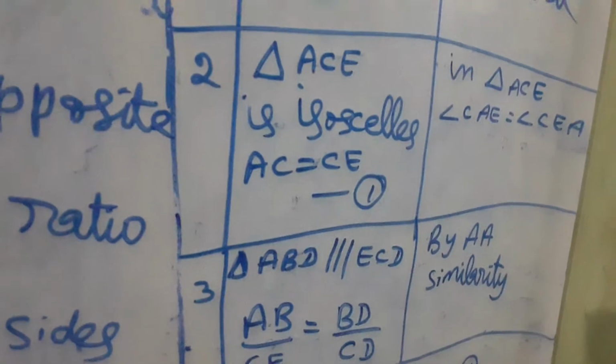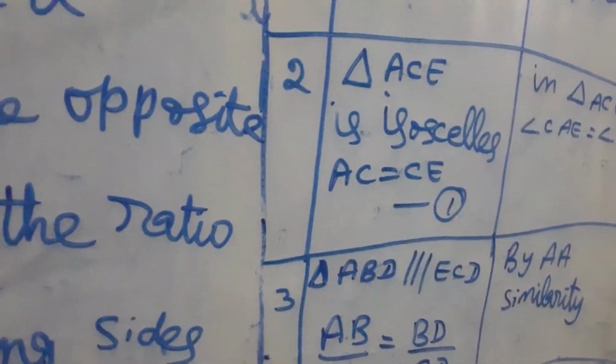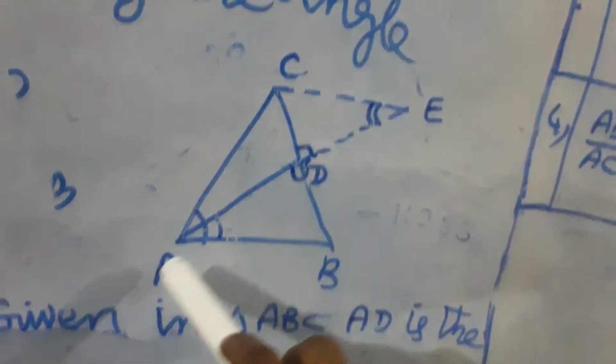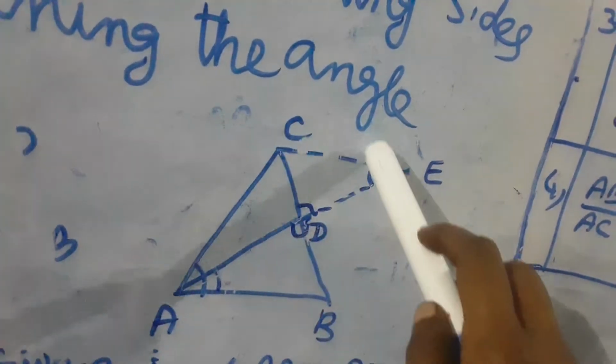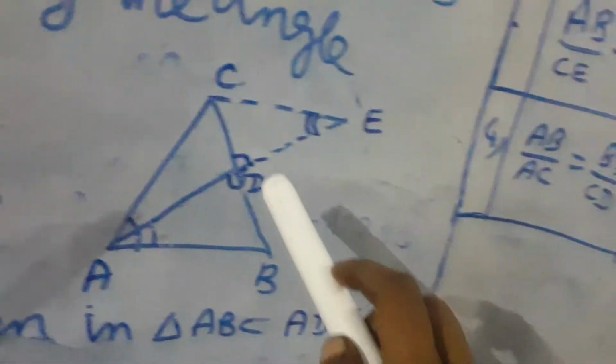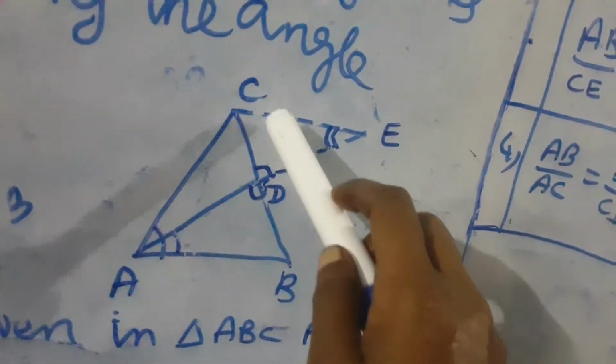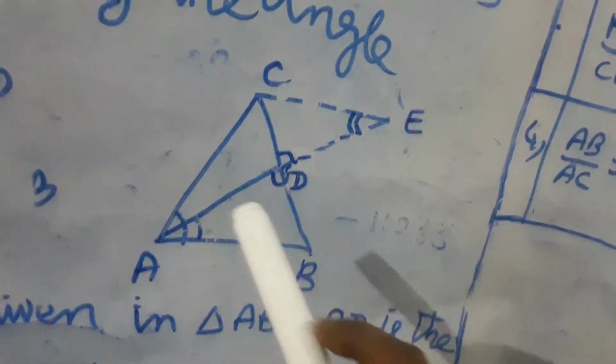The second point is in triangle ACE. We consider the triangle ACE, which is an isosceles triangle. Isosceles triangle means two sides are equal.